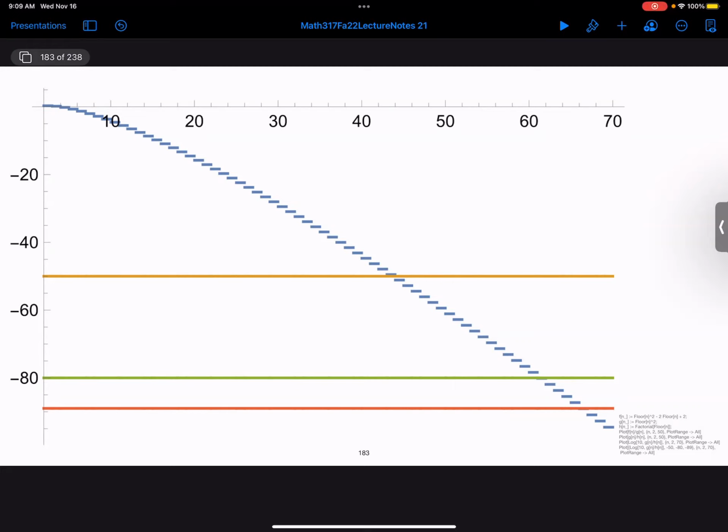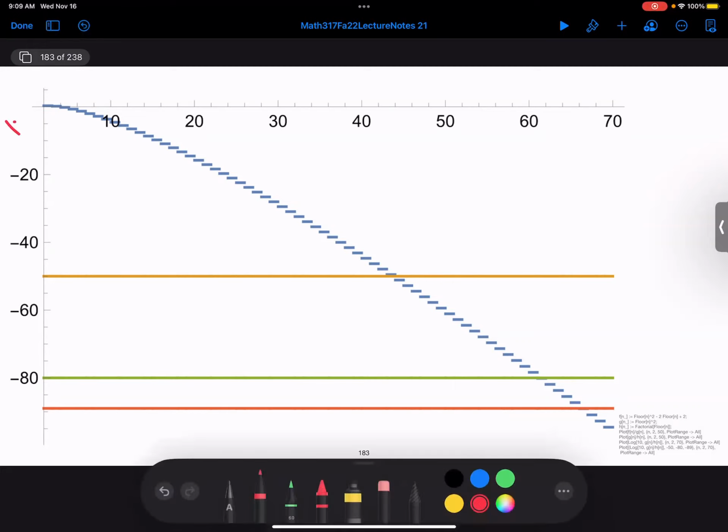So here's a plot of the log of n squared over n factorial base 10, and here's n. The first line, let's call it gold, is at around -50. That's about the number of atoms on the Earth. So when you're looking at the ratio of n squared over n factorial, when n is around maybe 44, give or take, the ratio is about 10 to the -50.